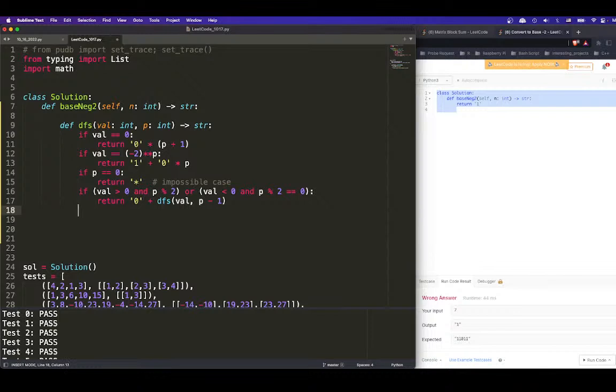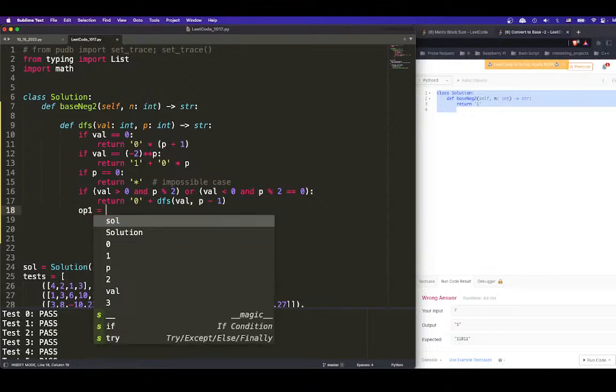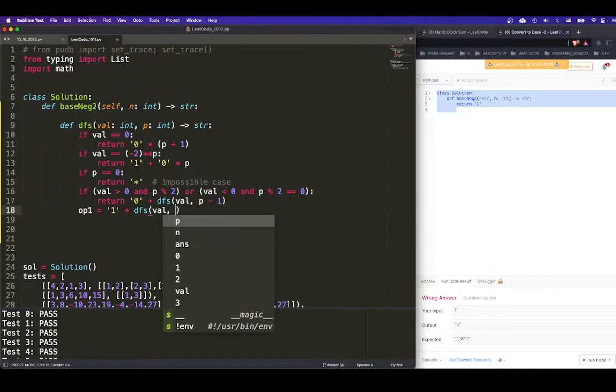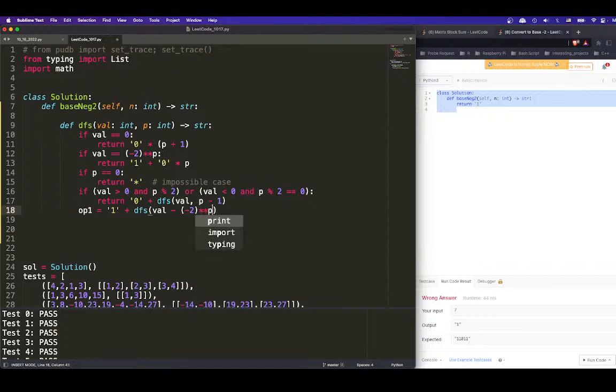Right, and then option 1 is going to be take the current. We say 1 plus DFS val. Actually, yeah, we have to go all the way to the end. We take 1, that means we're going to minus 2 to the pth power.